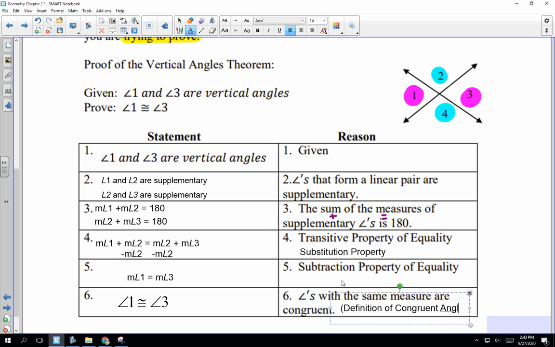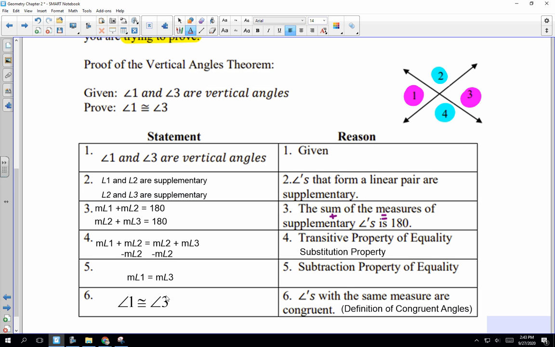And then let's be specific because we're talking angles here: definition of congruent angles. If two angles are congruent, then they have the same measure. Do you see this? I know, guys, so subtle this difference here, but congruent angles and angles whose measures are equal are two different things.